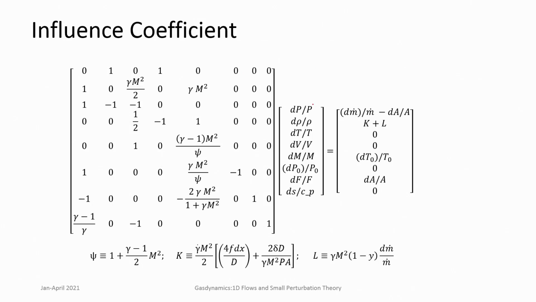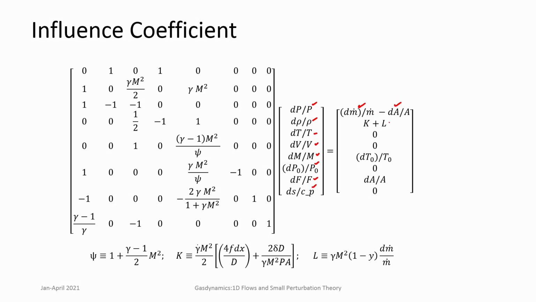So, what are the unknowns? Pressure, density, temperature, velocity, Mach number, stagnation pressure, impulse function, and entropy. And what are the various driving changes that drive these different parameters? They are mass addition and change in area.